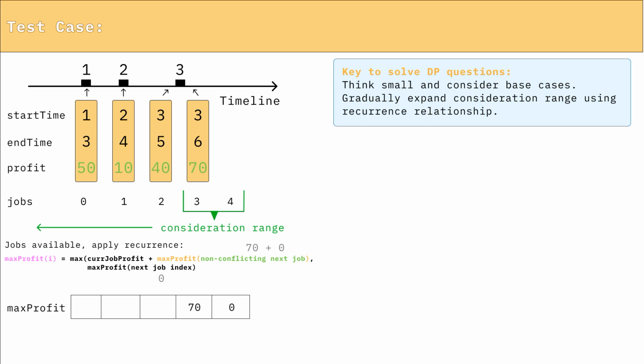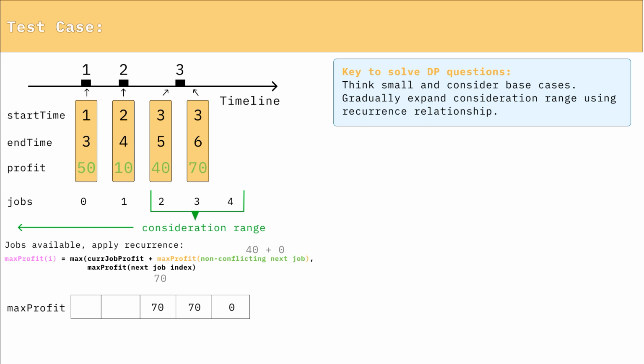In this case, we can take the current job at index 3 and have a profit of 70, or we can choose to skip this job and have a profit of 0. Therefore, we choose the higher profit, which is 70, and we place 70 at index 3 of our DP max profit array. By recording our computation result, we are guaranteed that we never compute a subproblem twice.